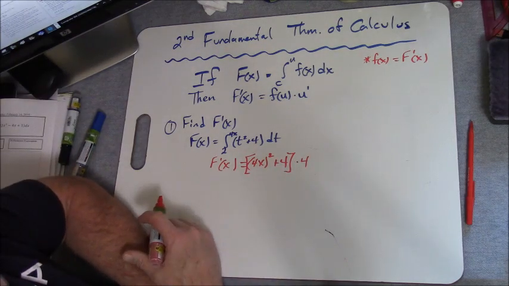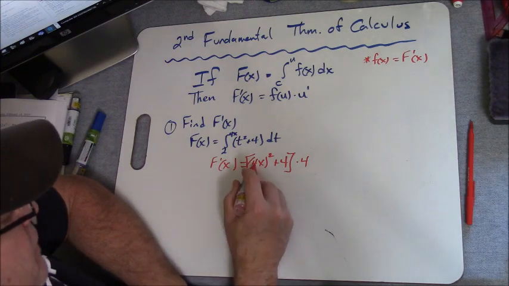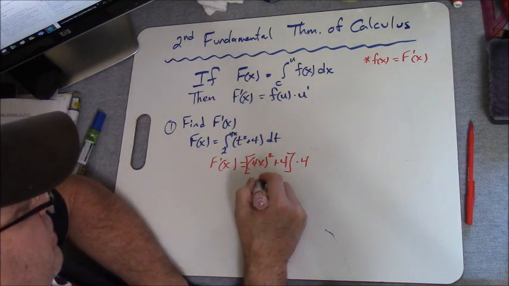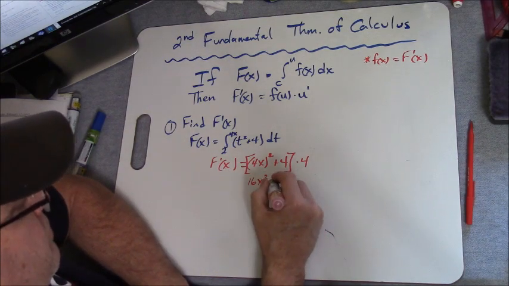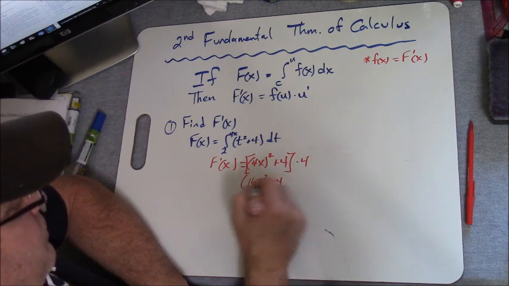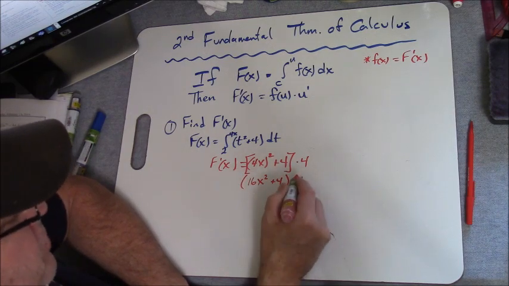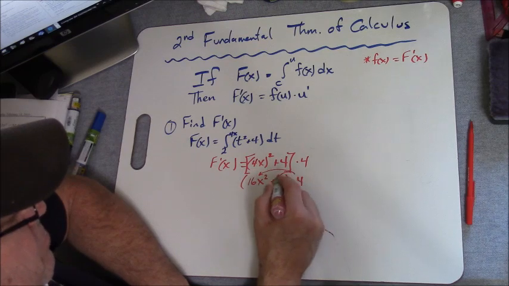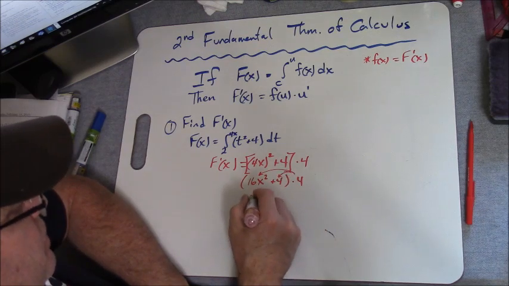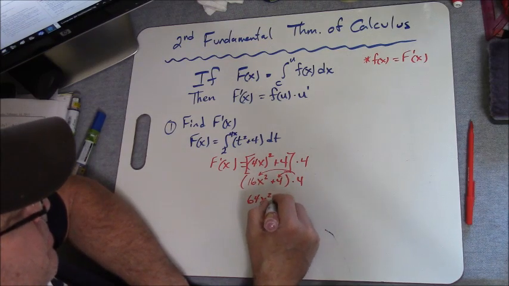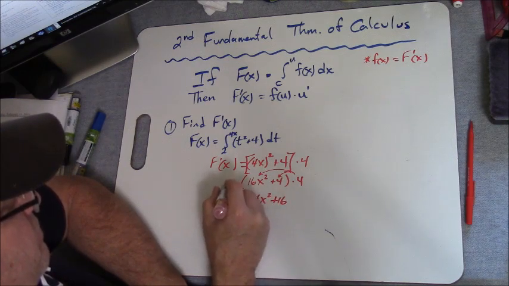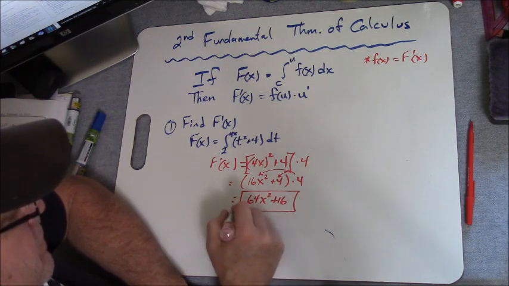And all I have to do now is simplify it. So if I square this, I would get 16x squared plus 4. I have to multiply that by 4, so I need to distribute it to both of these. So that would be 64x squared plus 16. There's my answer.